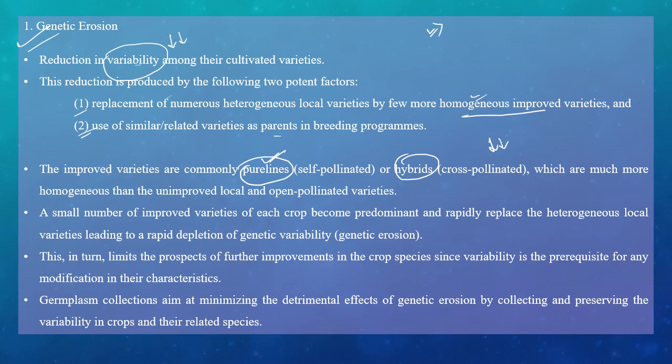So this will affect our breeding program. A small number of improved varieties in each crop become predominant and rapidly replace the heterogeneous local varieties, leading to a rapid depletion of genetic variability, which we call genetic erosion. This in turn limits the prospects of further improvement in crop varieties, because variability is the main prerequisite of any modification of characteristics.